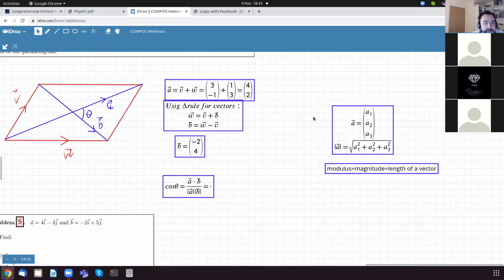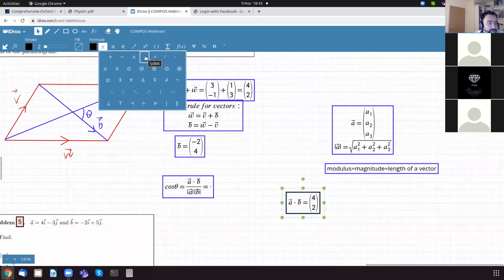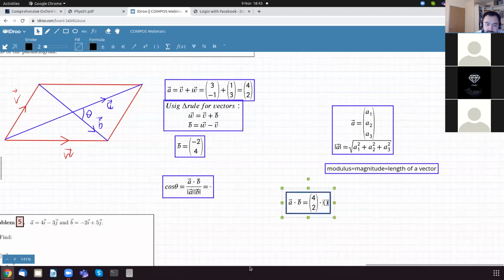Okay, and if you actually look at the vectors and you use the dot product rule, you will see that it is 4, 2 dot minus 2, 4.